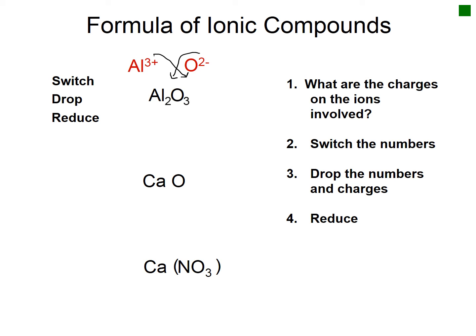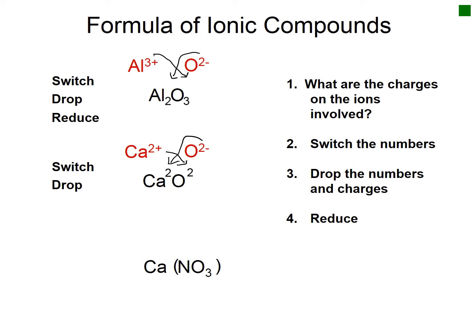Now if we look at calcium, calcium is a +2 charge, being in group 2. Oxygen will form a -2 charge, being in group 6. If we switch the numbers, again the 2 from the oxygen gets switched over here, and the 2 from the calcium gets switched over here.